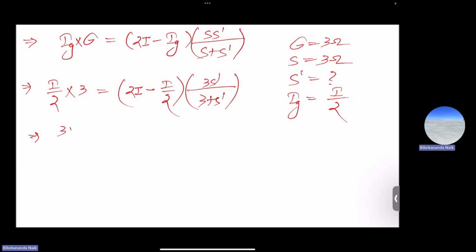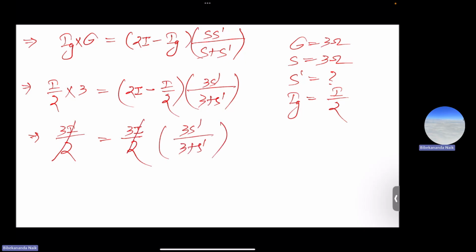So it is 3I by 2 equals 2I minus I by 2, which is 3I by 2, into 3S prime by 3 plus S prime.